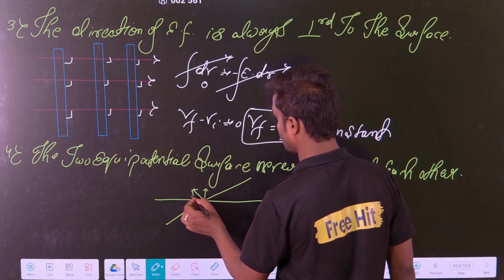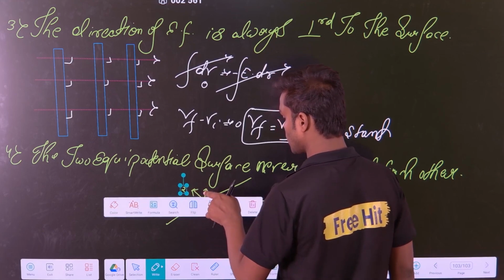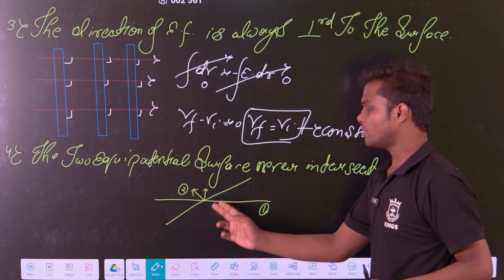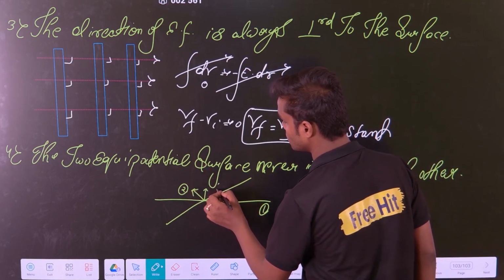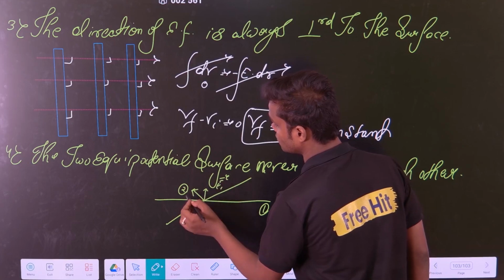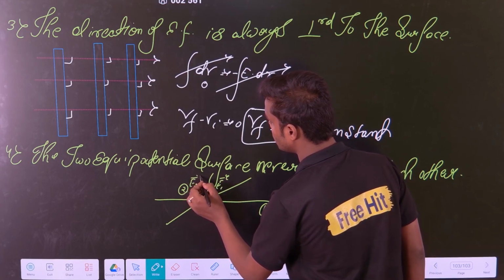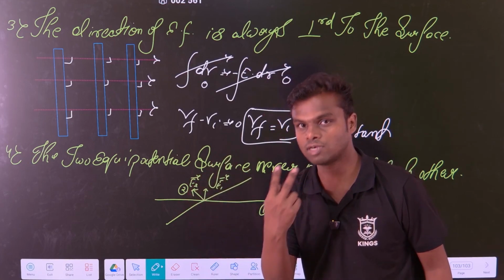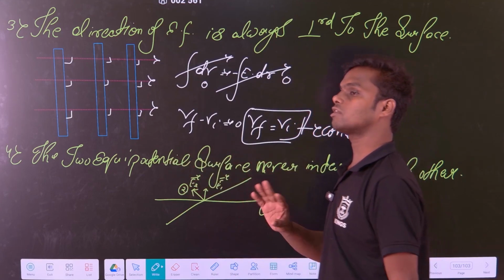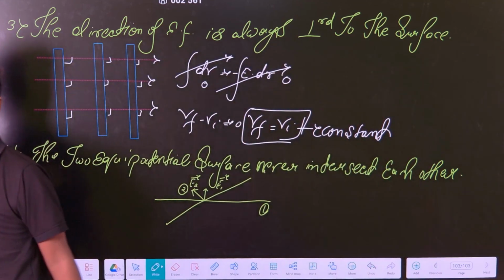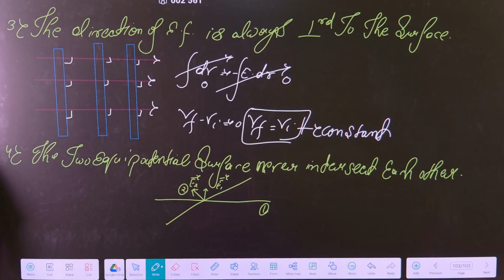So at one point we are getting two directions of electric field lines. This is my E1 and this is my E2. Is it possible at one point to have two directions? The answer is no. So that is the reason two equipotential surfaces can never intersect each other. I hope it is clear, just note it down.